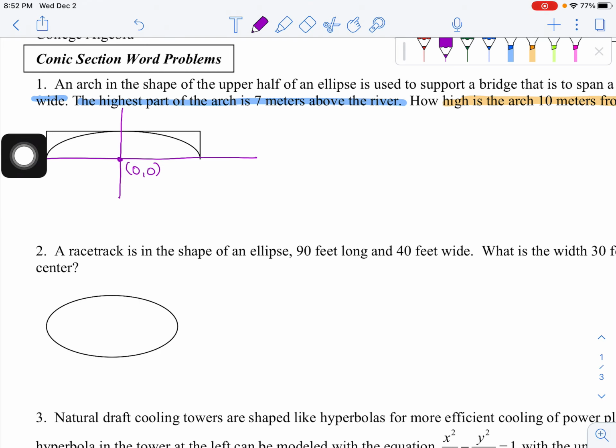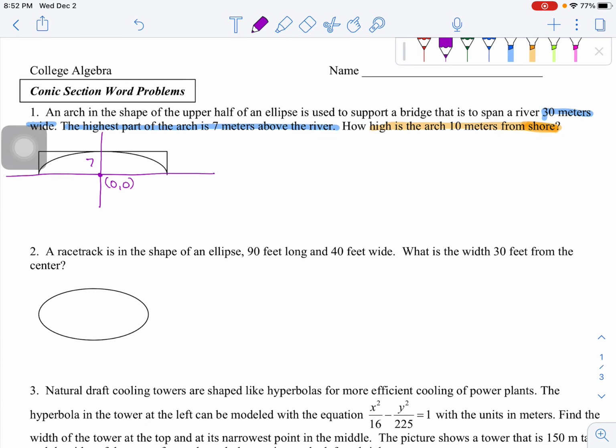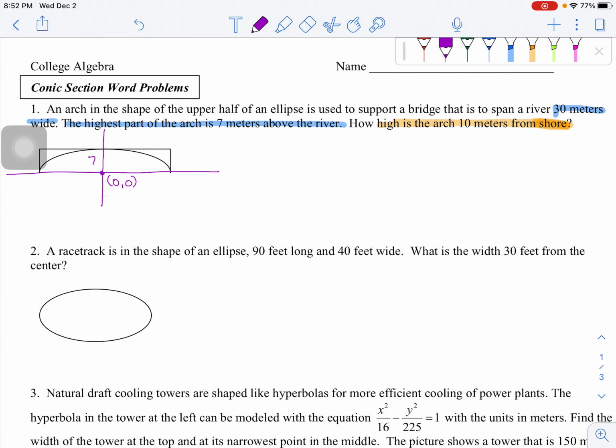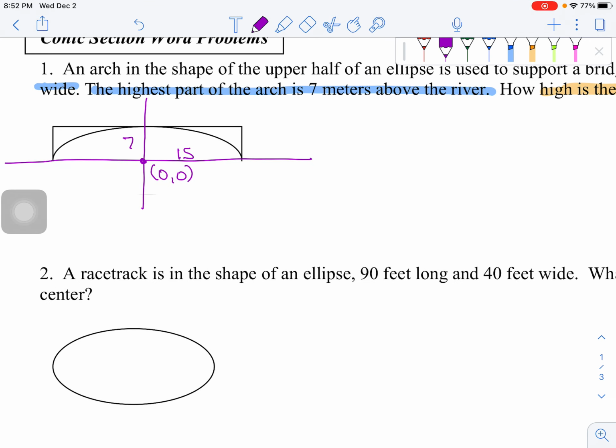Now it says the highest part of the arch is 7 meters above the river, so this part right here is 7 meters. Then the river is 30 meters wide, so that's what we want to span. If it's 30 meters wide, half of it would be over here and half of it over here, so this distance is only 15.